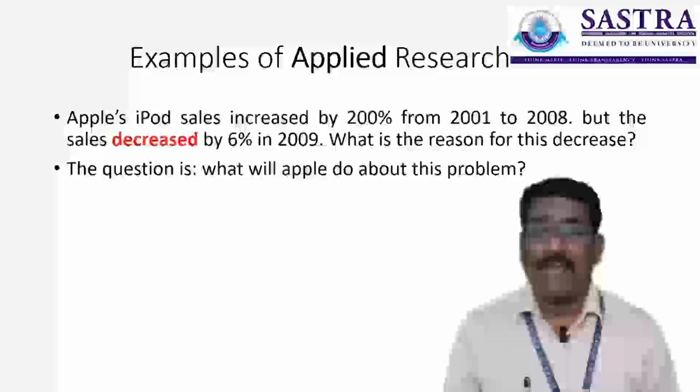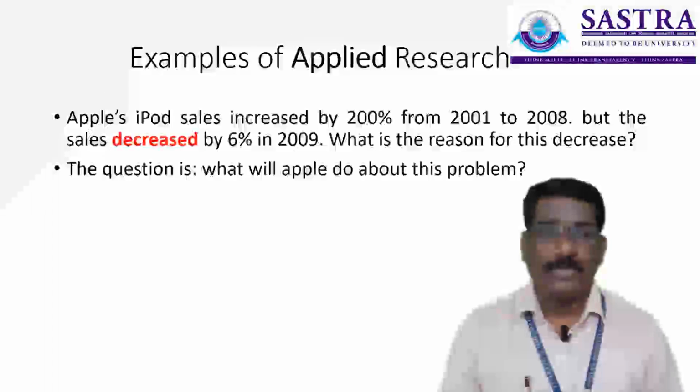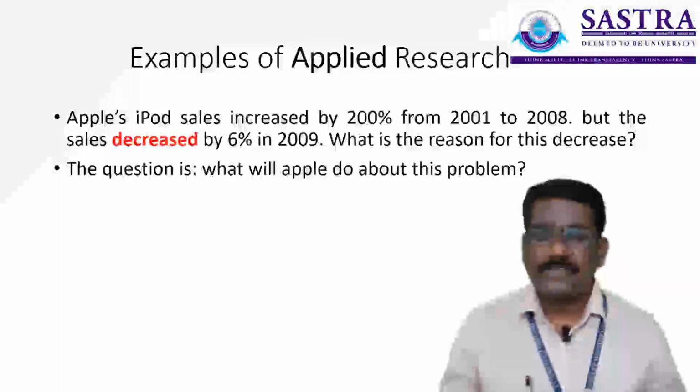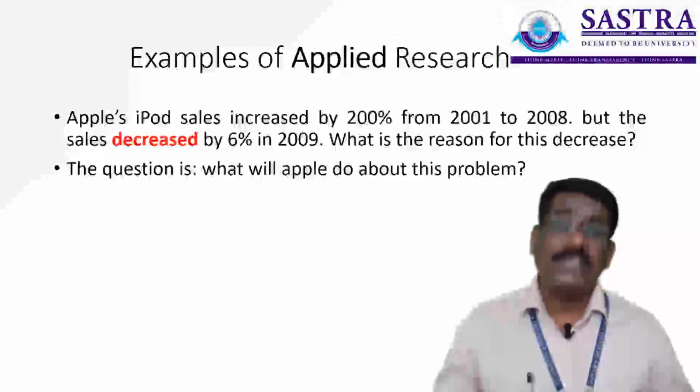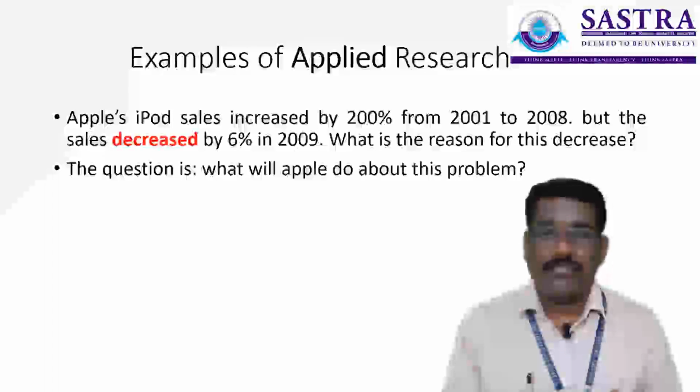Let's take a case of Apple's iPod sales, which increased by 200% from 2001 to 2008, but the sales decreased by 6% in 2009. What is the reason for this decrease? Thereby, a scope has been put forward for research, right?